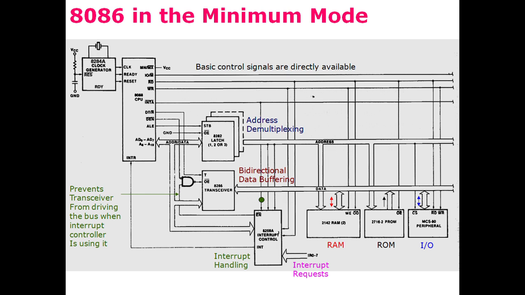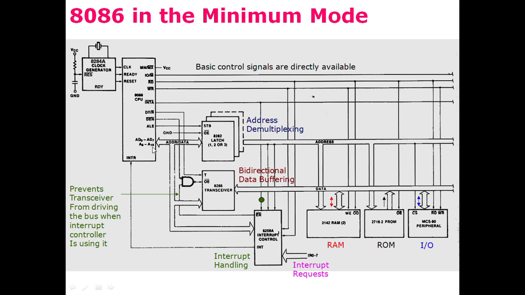So in 8086 working in the minimum mode, this is the block diagram of the microprocessor when it is working in the minimum mode and connected to the external world. The microprocessor here is taking an input clock signal from a clock generator, and it is connected with the external environment: RAM, ROM, and input and output devices.